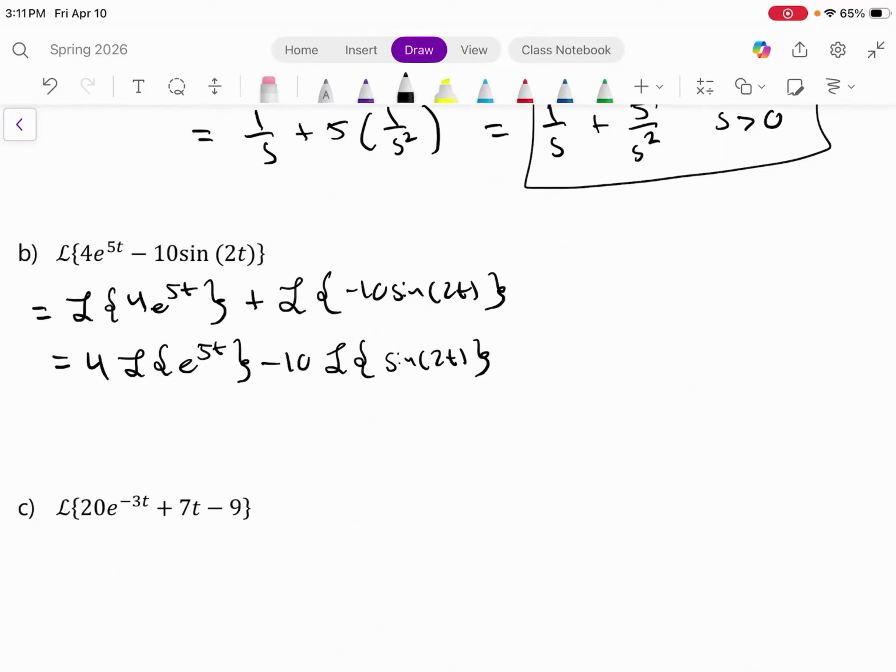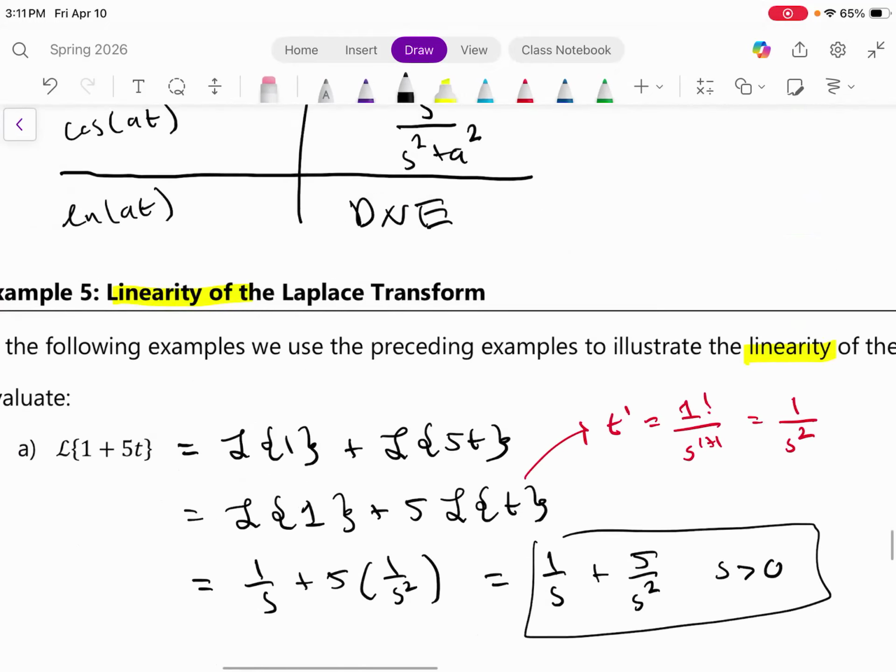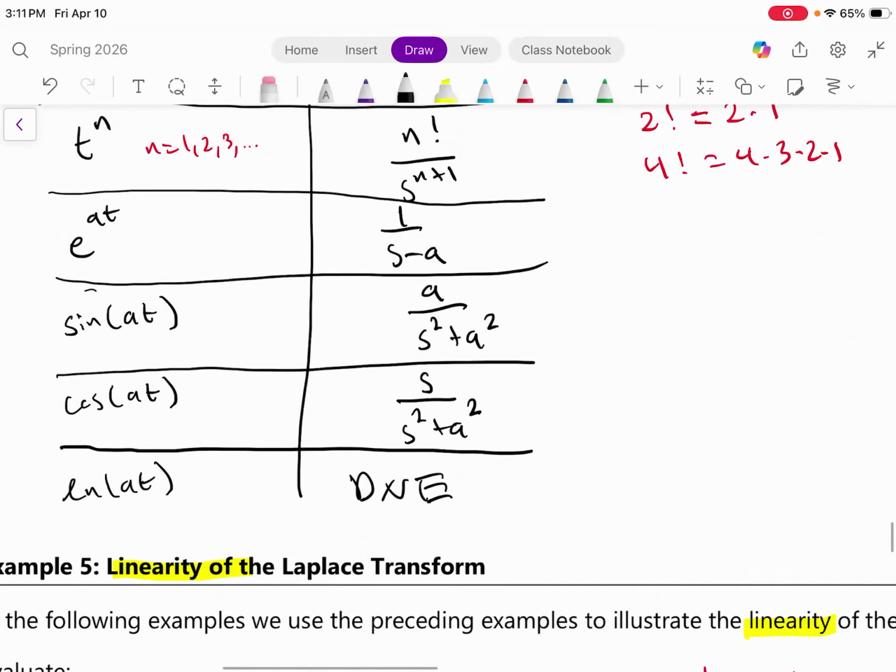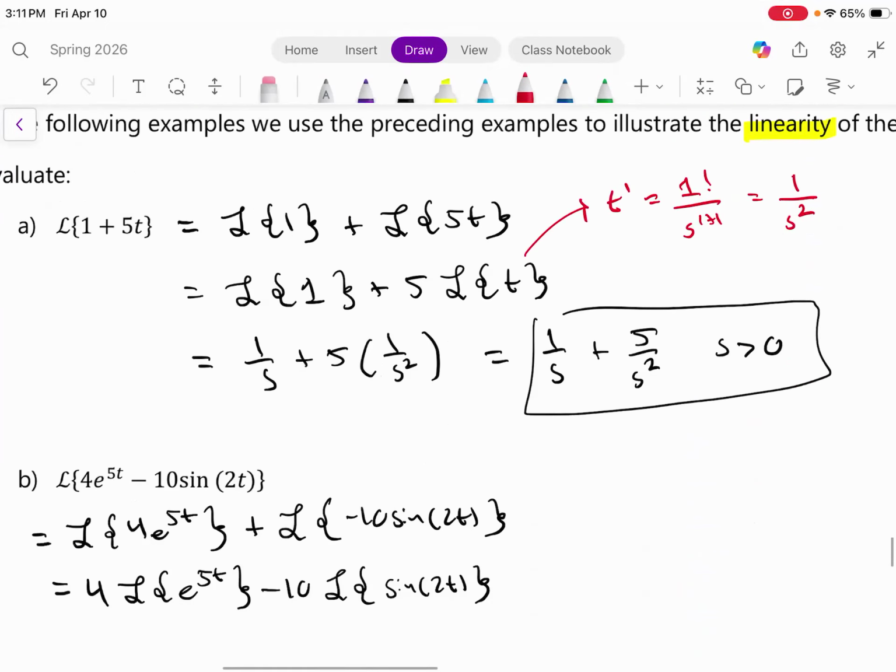Okay, so we're going to use the table. For the exponential, e to the at is 1 over s minus a. So the Laplace of e to the 5t would be 1 over s minus 5.